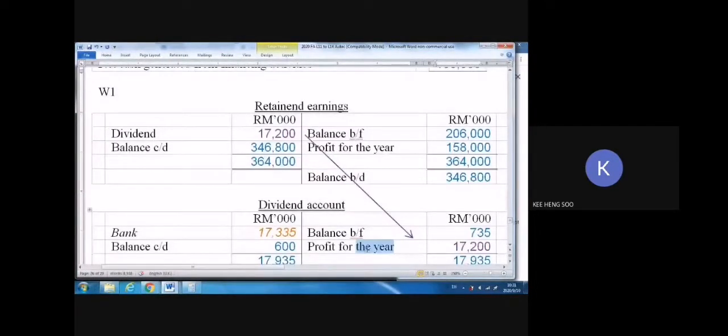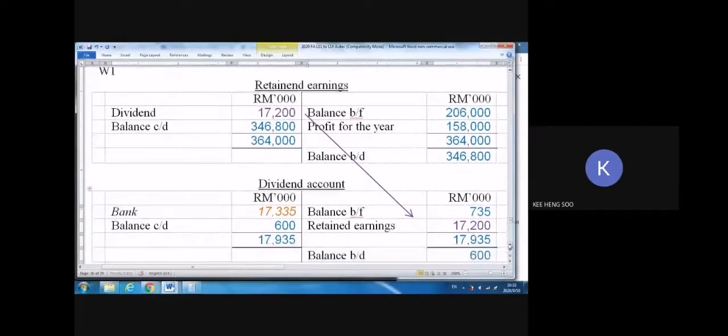I just copied from here, isn't it? That's why I made the mistake. So this is called retained earning, correct? You're right, retained earnings, correct.